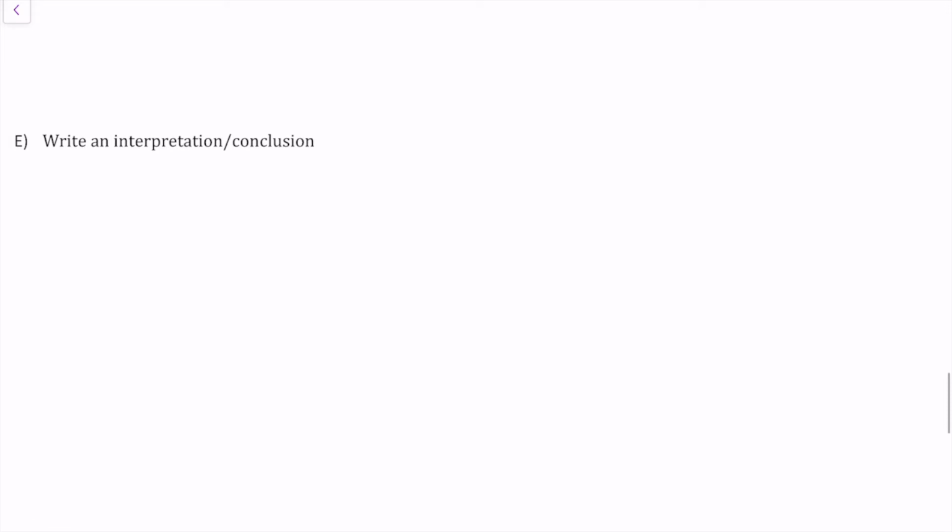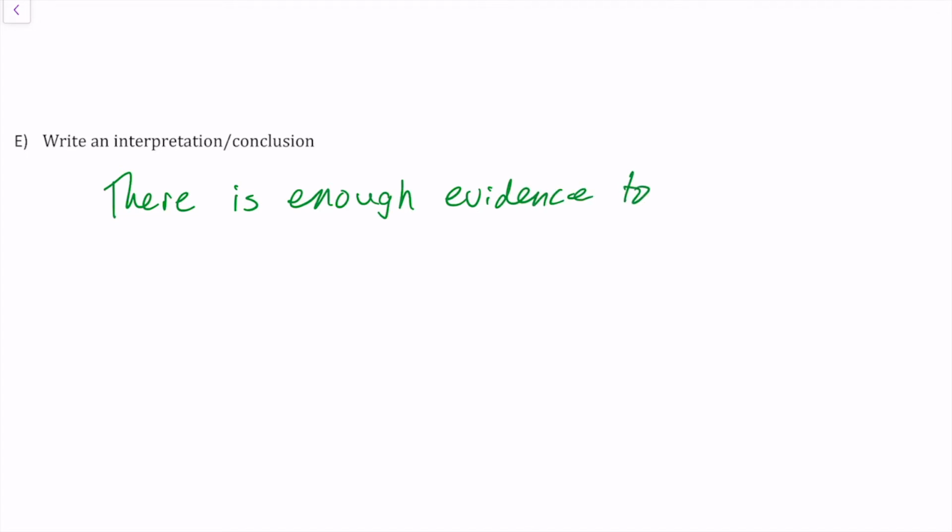It means that there is sufficient evidence to support the claim.